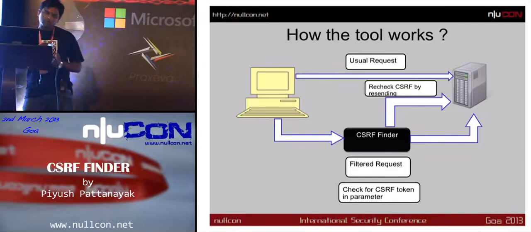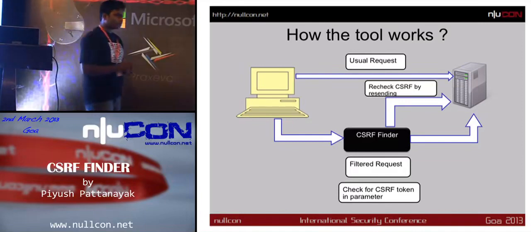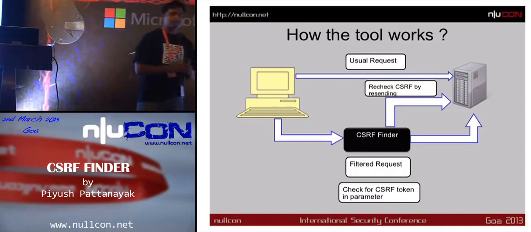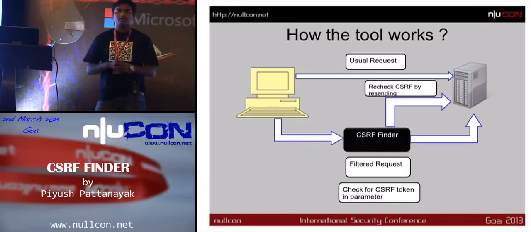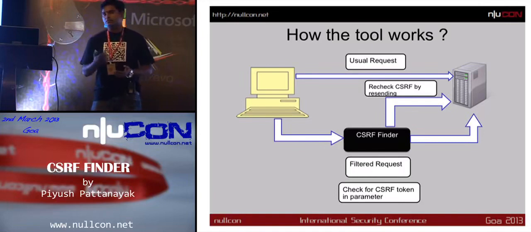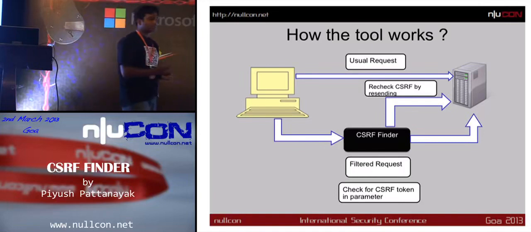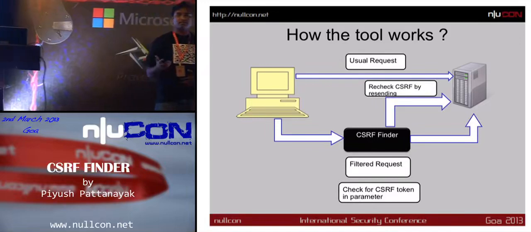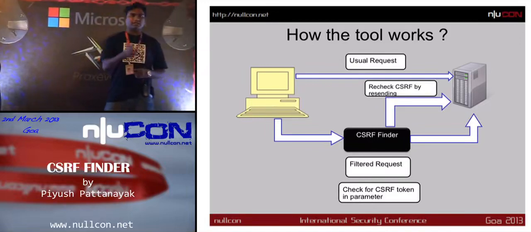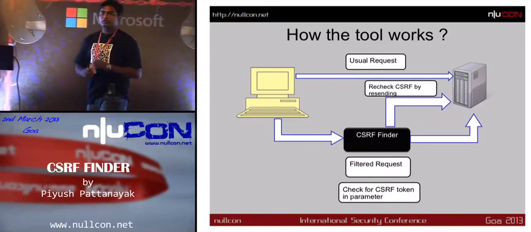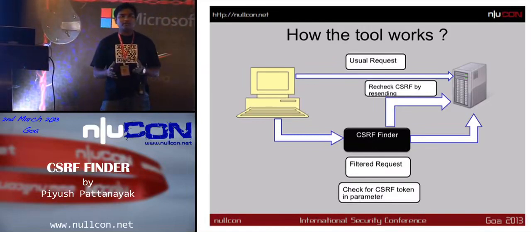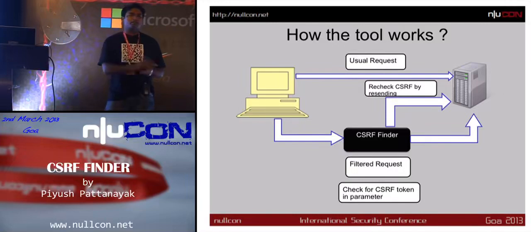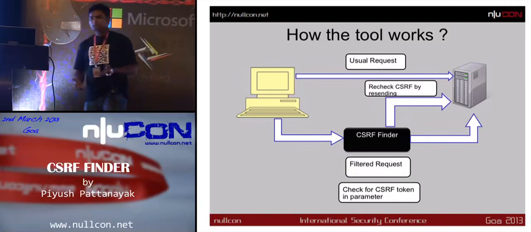Now after you have completed the testing, suppose you found a page which the add-on says is not vulnerable to CSRF, but you still want to test, because there are some scenarios in which, even if the token is present, the application might not be validating the token properly. I think that's what happened in the case of Facebook, in which Amon found the vulnerability. The token was there, but it was not validated properly, which led to a CSRF attack.